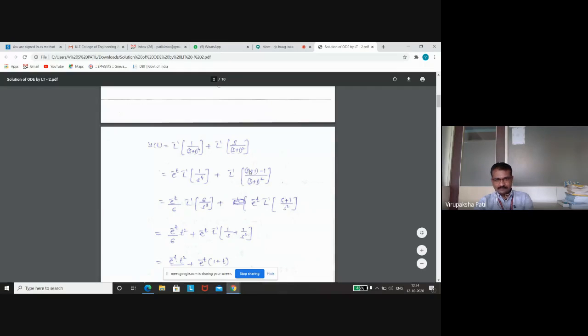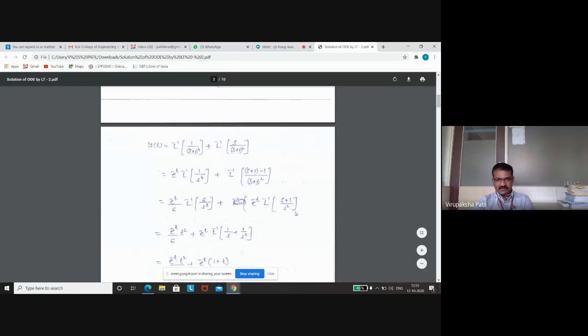Then in this part you observe, wherever s is there in this quantity F bar of s, you are having s plus 1. Take that s plus 1. Using the reverse shifting property, you can write this as e to the power minus t into L inverse of s minus 1 divided by s square.